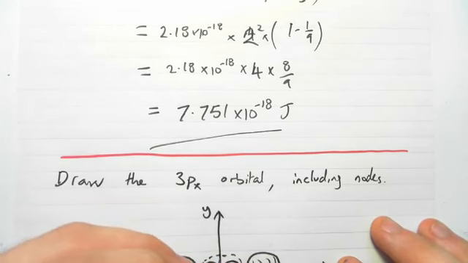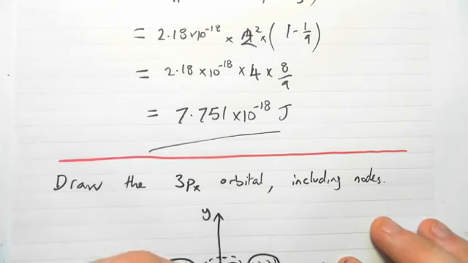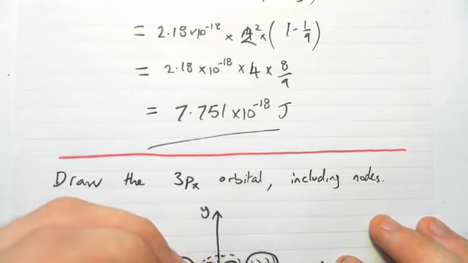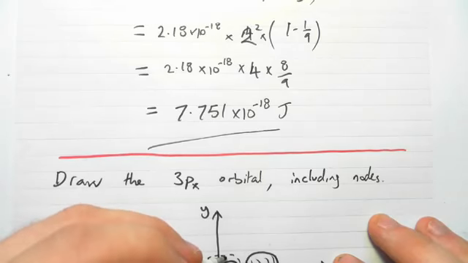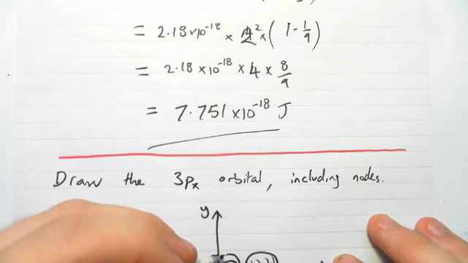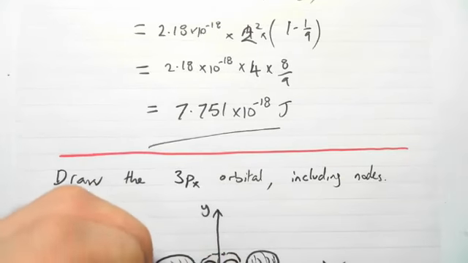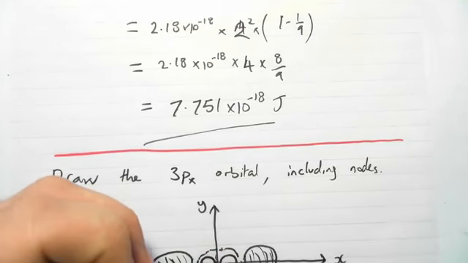So you've got a nodal plane along the y-axis. The y-axis is a nodal plane. And you've got these two lobes inside a nodal circle, a spherical node in fact, and then you've got the lobes outside of that.